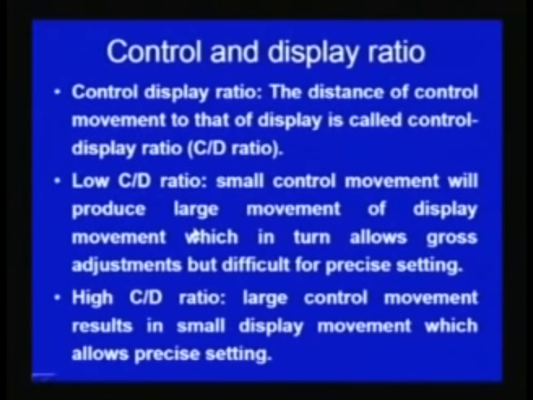So, the C/D ratio is very important in designing the control and display devices. Low C/D ratio is used when gross adjustments in the readings or the control settings are required, while high C/D ratio is used when precise settings or very accurate setting is required.